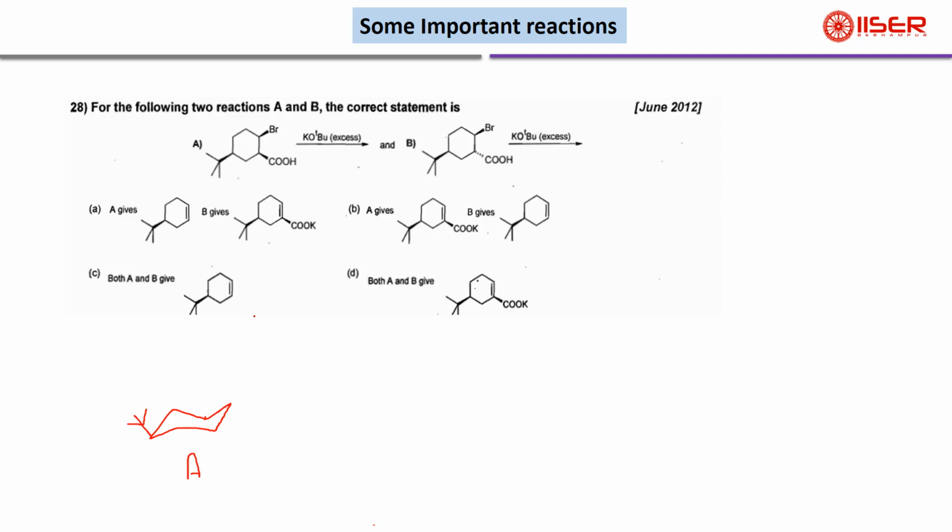So if you keep this group like this tertiary butyl group, it acts as an anchoring group, because if you keep this above the plane, you have to keep this in this way, so that the above arrangement remains, and also it is always placed in the equatorial position. I hope you know about all these things. So the bromine is above the plane, so bromine will be here. So always draw the anchoring group first, then draw other groups, and CO2 is here.